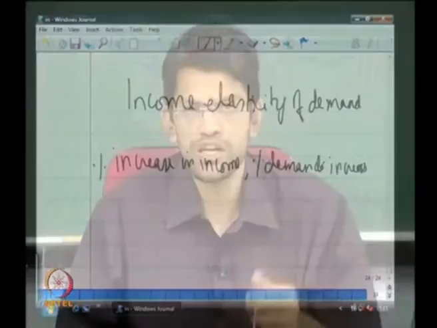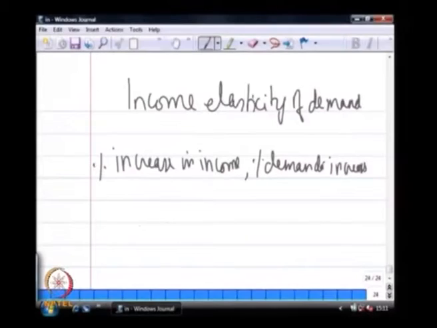Just as we had a ratio to measure the price elasticity, the income elasticity of demand can be measured this way.